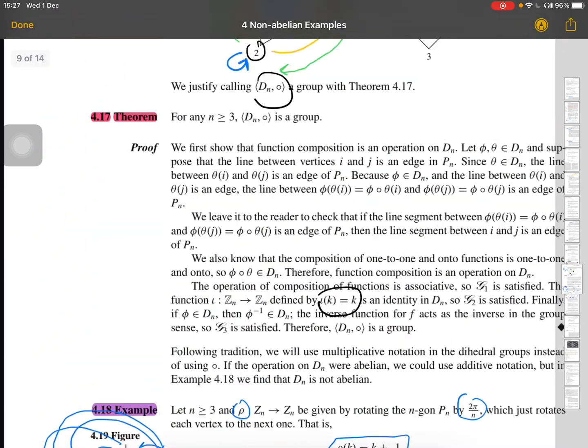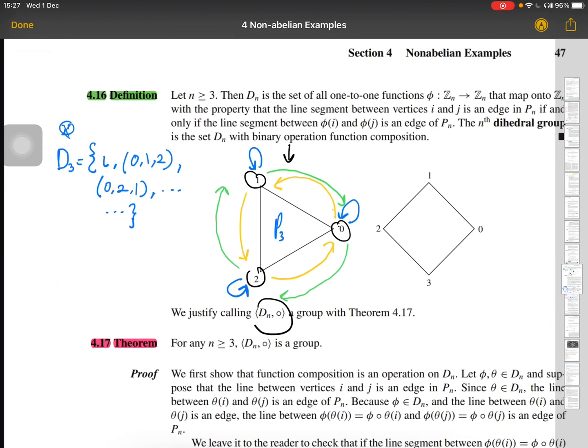So if I look back at my triangle in the beginning of the story just now, I have iota, this one is my rho, and this one is my rho square, and then I stop there, because I work with D3, so I need to stop at rho to the power of 3 minus 1, which is rho to the power of 2, right?